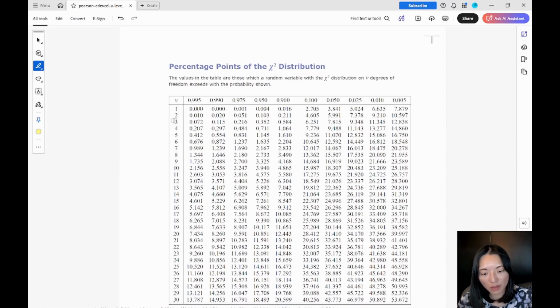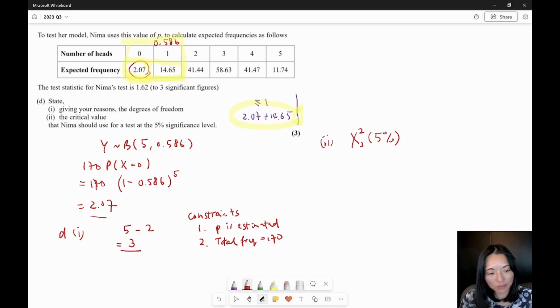We're looking at degrees of freedom of 3, and we're interested in the 5% significance level. And therefore, the critical value is 7.815. So that's the answer to part B2.